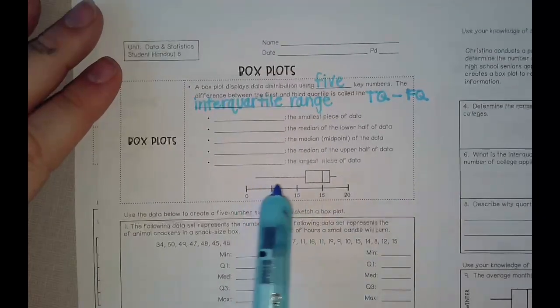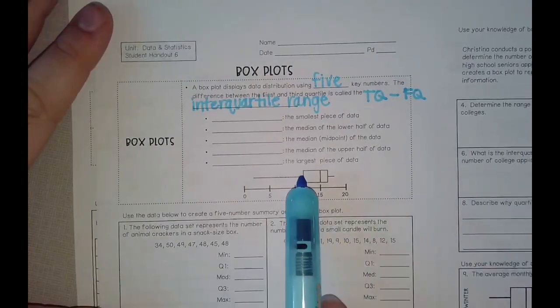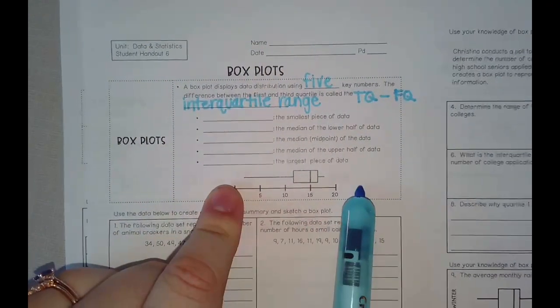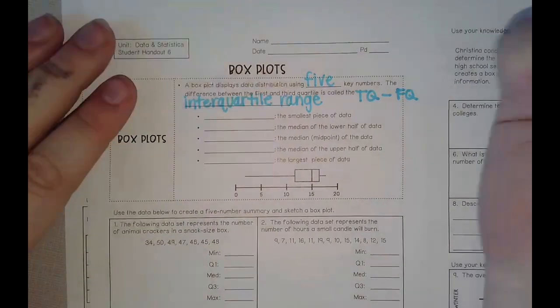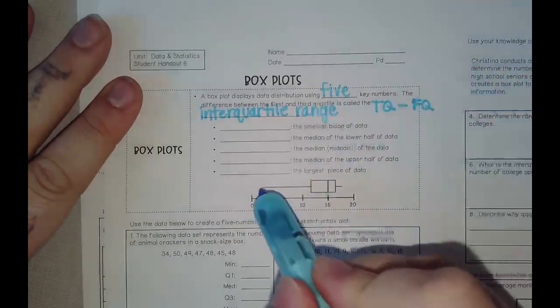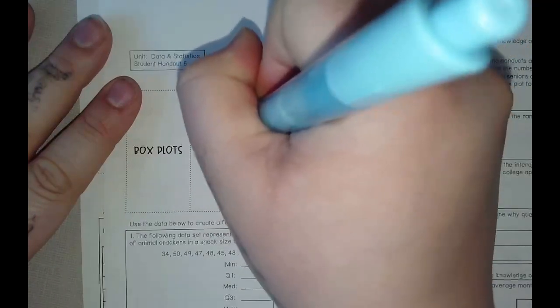So this is what a box plot looks like. Sometimes you'll see it called a box and whisker plot, because they call the box the box, and then the little lines that come out of it they call the whiskers. If you think about a cat or a dog, their whiskers come out of the side. The smallest piece of data, right here, is called the minimum.